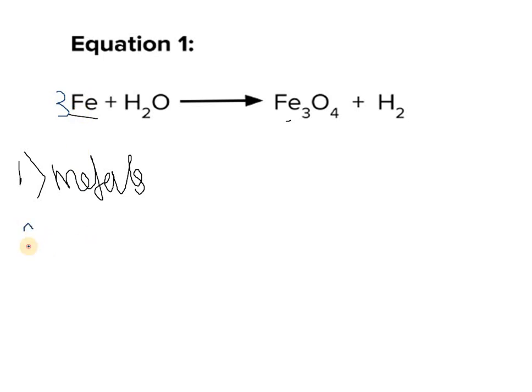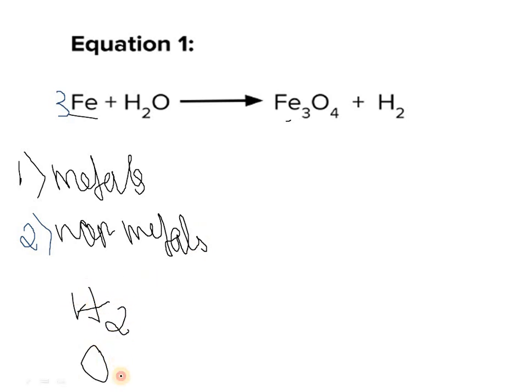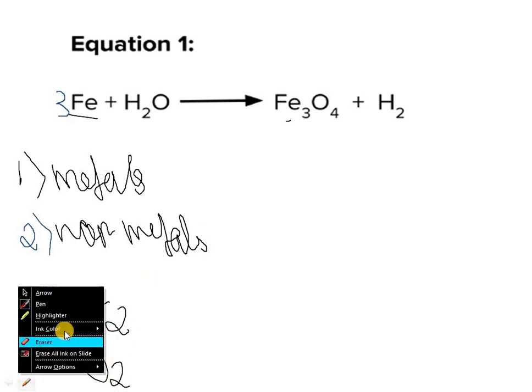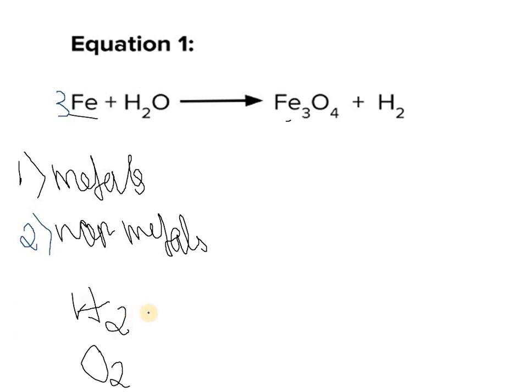Now after metal, our trick says that we have to balance non-metals. In this equation you can clearly see that there are two non-metals. What are the two non-metals? Hydrogen and oxygen. If there are two non-metals, we have to choose that non-metal which is repeated the least number of times.